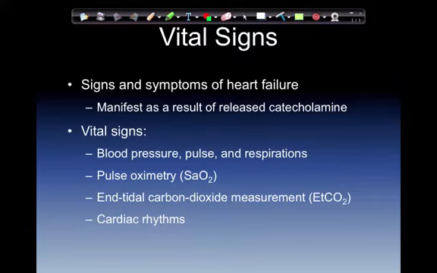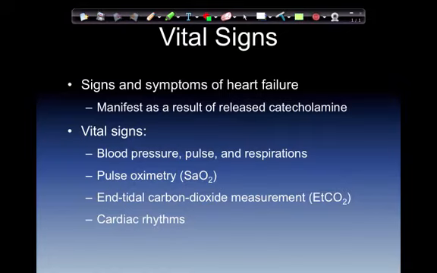Now, please refer back to the capnography lecture. But low perfusion and low cardiac output could also give you a low end-tidal CO2. And then cardiac rhythms, if they're in any funky thing. If they're in AFib with RVR, they're in some sort of tachycardia or bradycardia. Please make note of that.